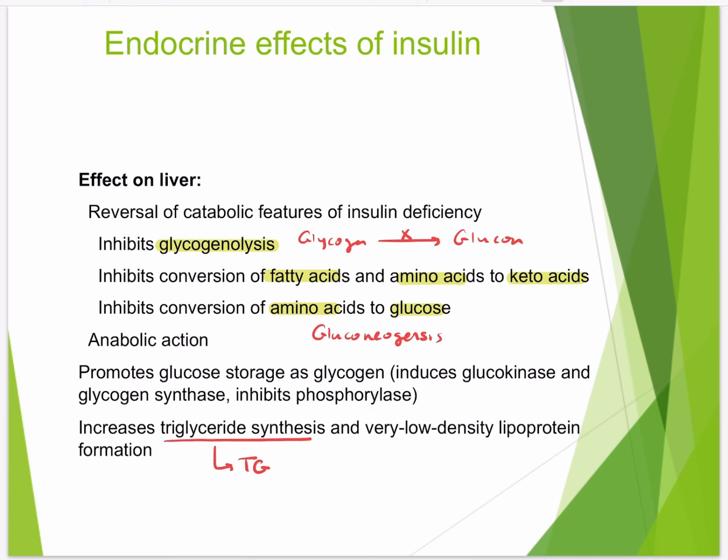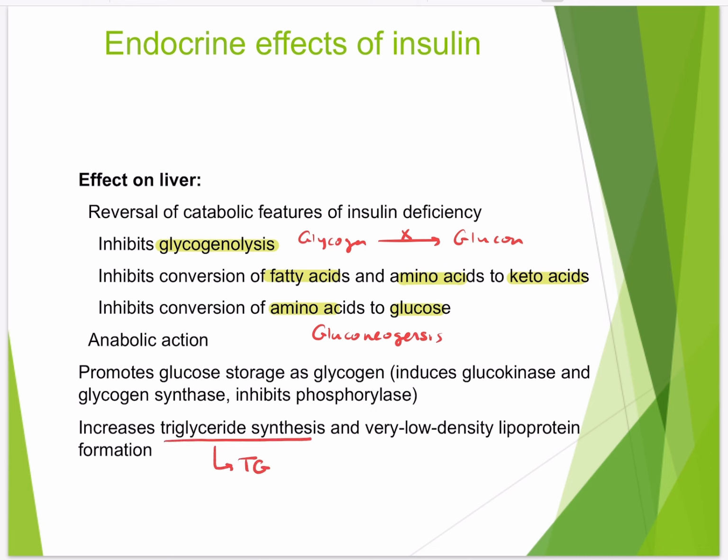And it can be transferred by VLDL in the circulation, we will see in later lectures, to LDL, and the transfer of TG as fatty acid to the adipose tissue. It also affects the muscle, where it increases protein synthesis.